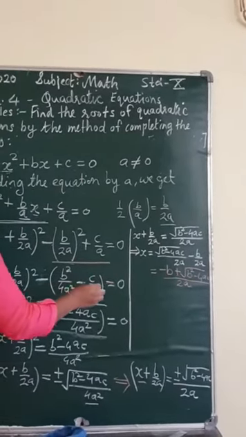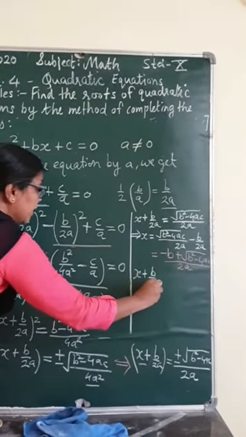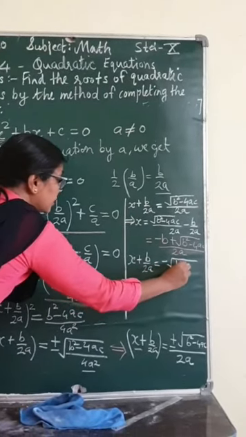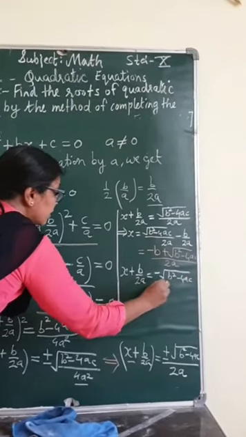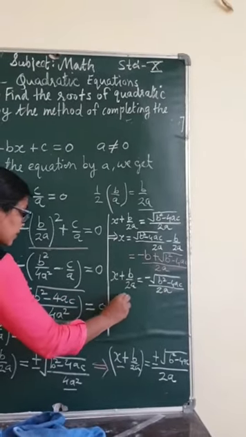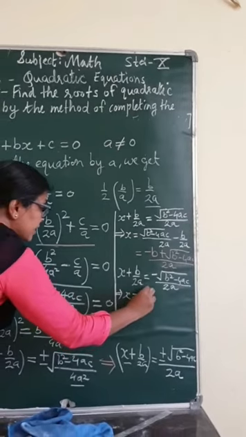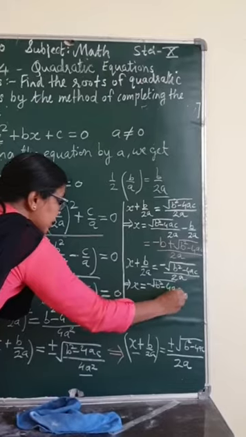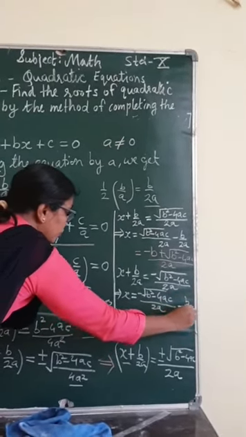And if we have x plus b upon 2a is equal to minus square root of b square minus 4ac upon 2a, then it gives us x is equal to minus square root of b square minus 4ac upon 2a minus b upon 2a.